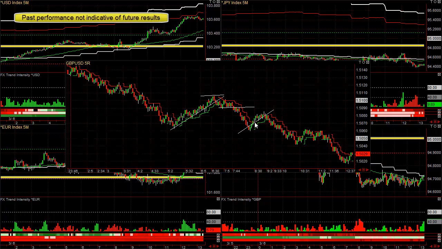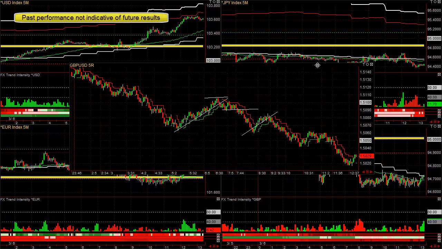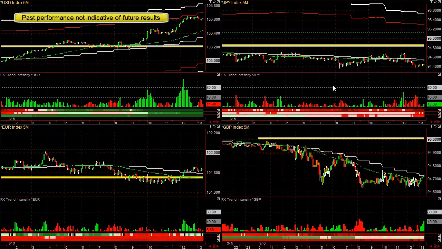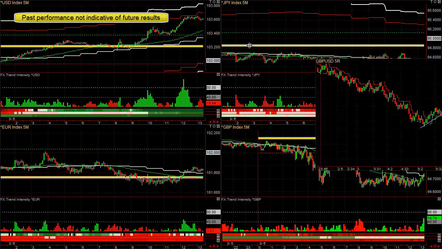You're short, out with about 25 pips, short again, out with 10, 20, 25, 30 pips, short again here, you lose 8 pips, short again here, you made 20 pips. Not every trade's going to be a winner, but when you are trading strongest currencies like the dollar against the weakest, you have these wonderful trends.